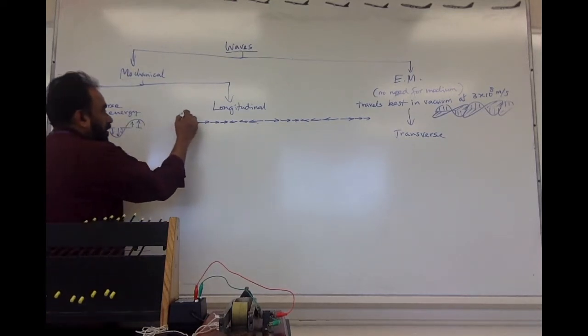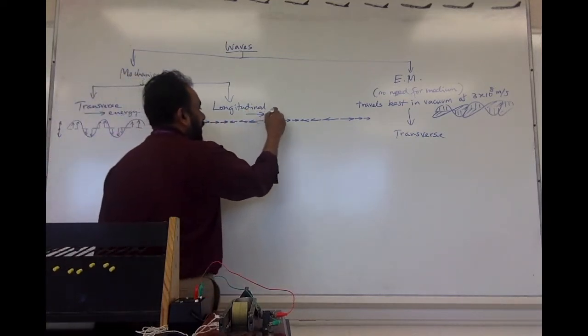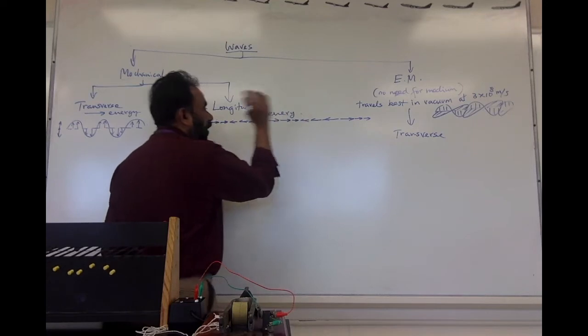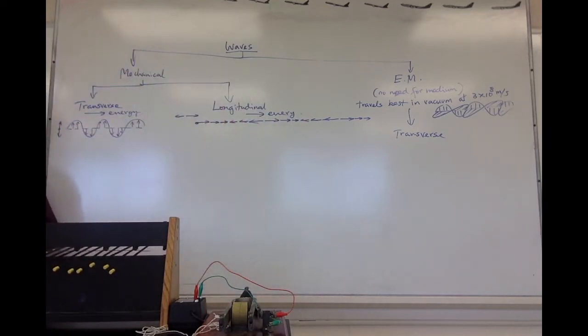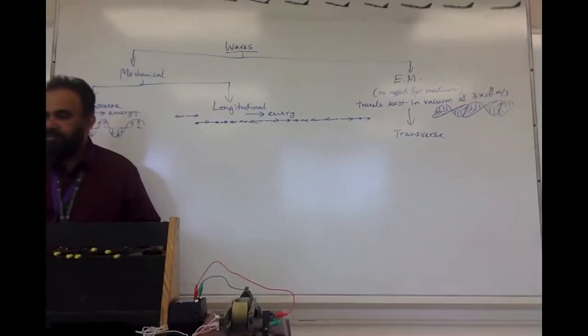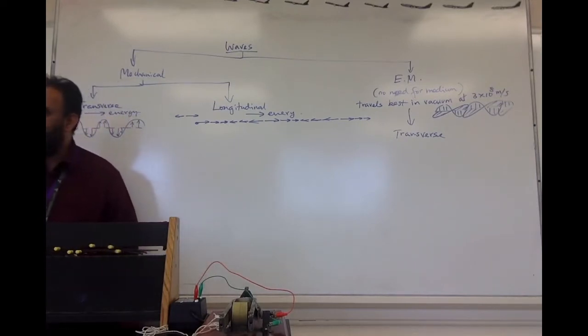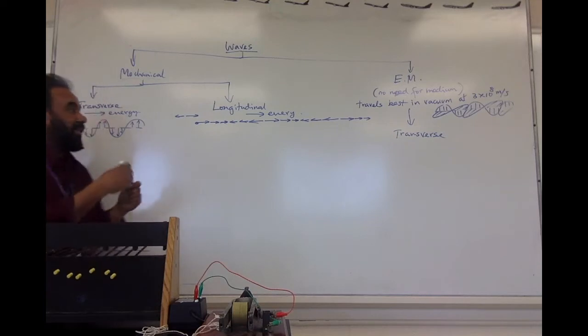So each particle is going forward and backward. And which way is energy moving? Energy is moving one way. That is called longitudinal waves. Now if I hit this one side like that, you will see something is moving, but it's not. You can see something is moving, right? When I hit here, you can see something is moving over here.